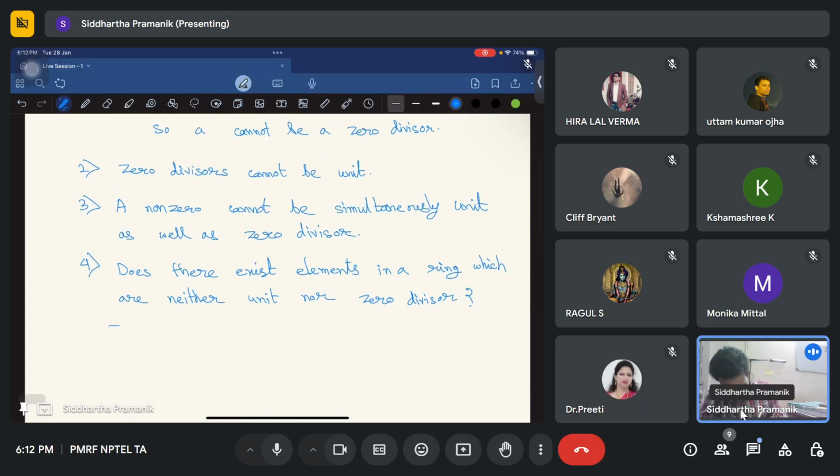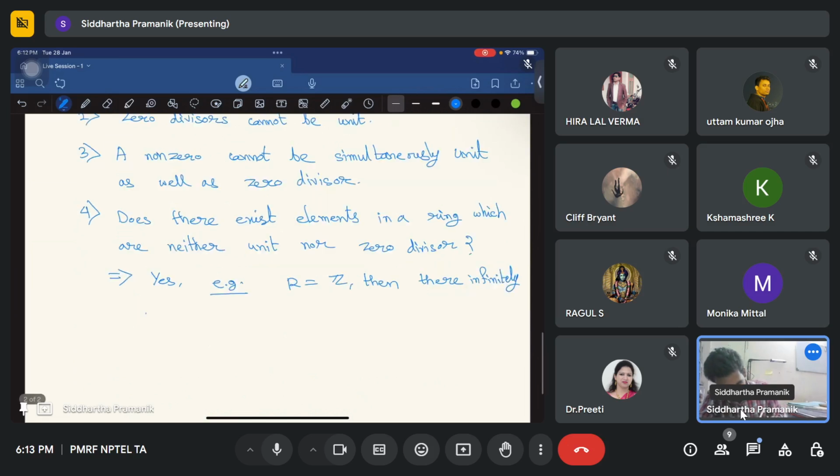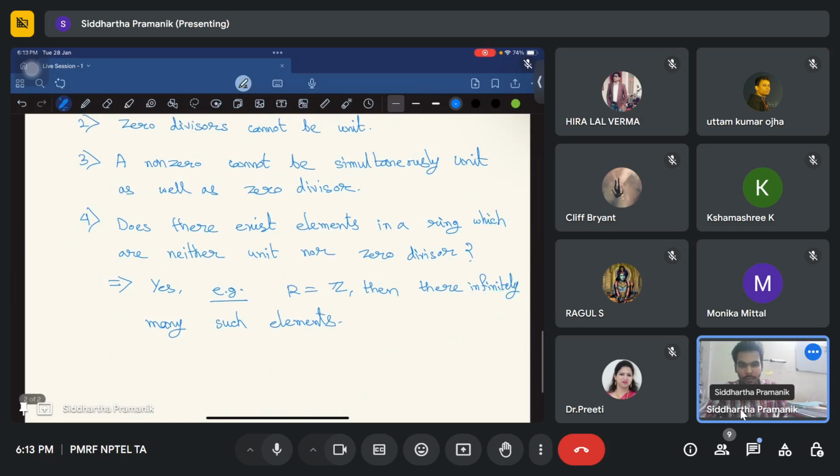There can be, for example, if you take the ring of integers, then there are infinitely many such elements. Okay, good.